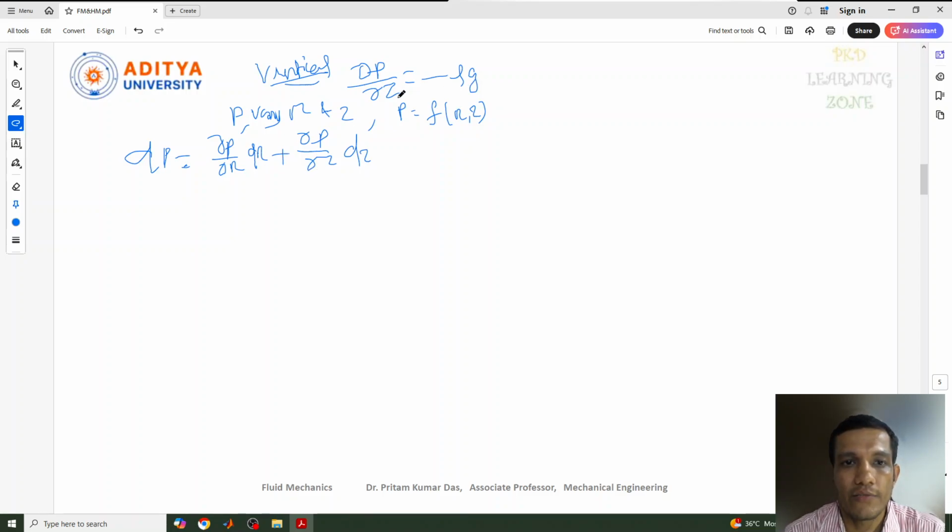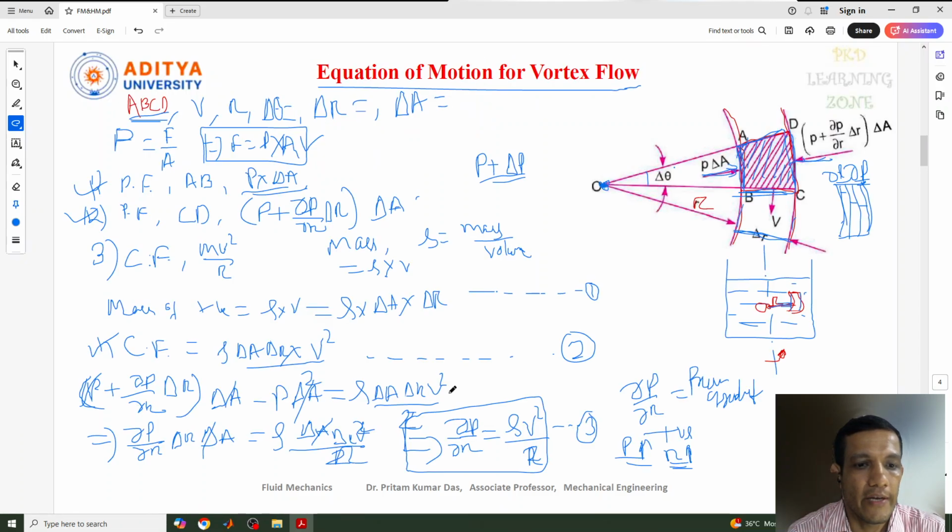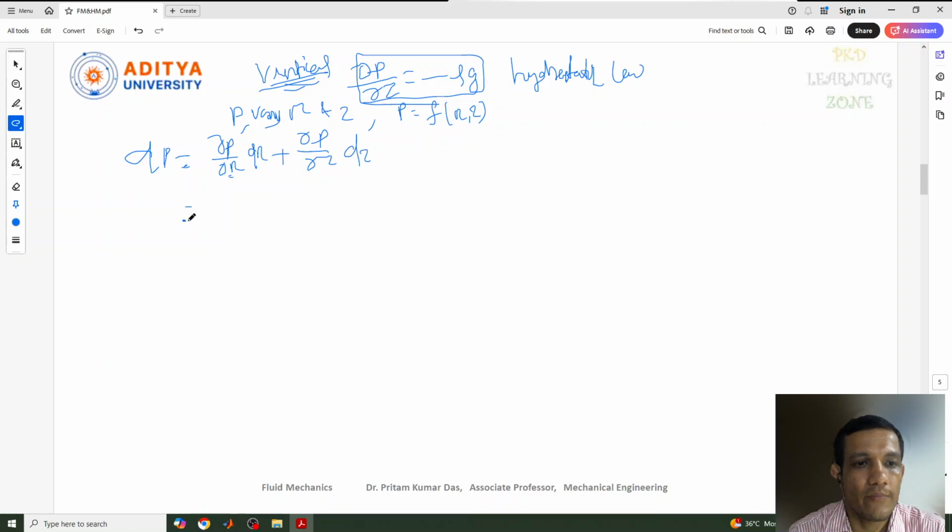Now we already have del P by del Z for the vertical fluid, which came from the hydrostatic law, and del P by del R we already found, rho V square by R. So now just put both of these values in this equation.